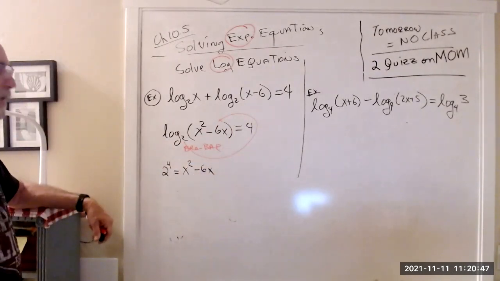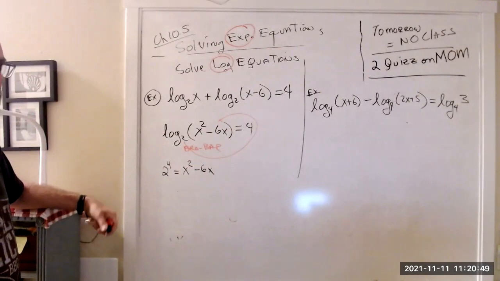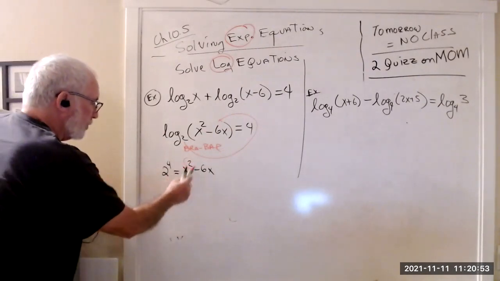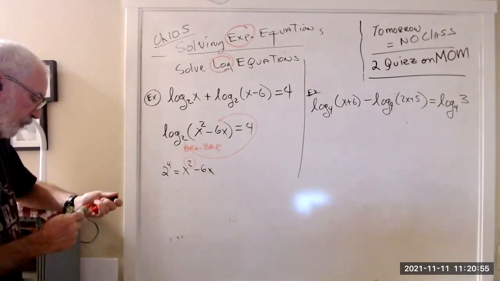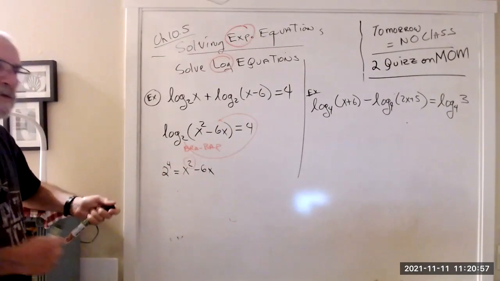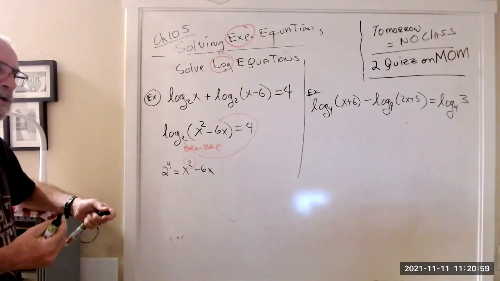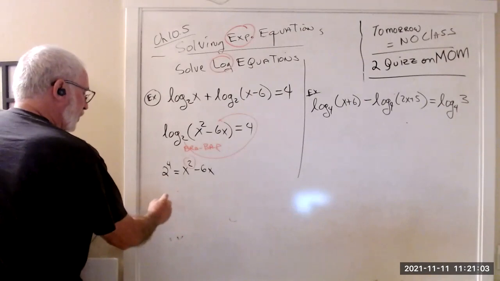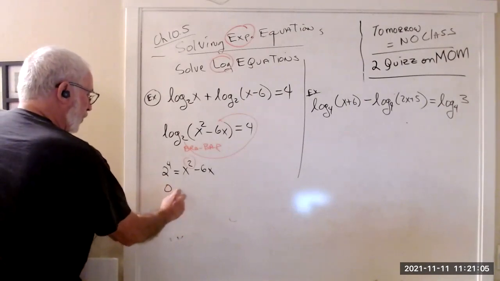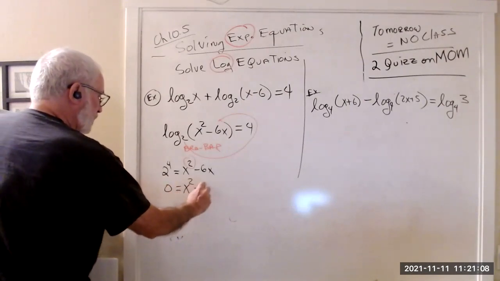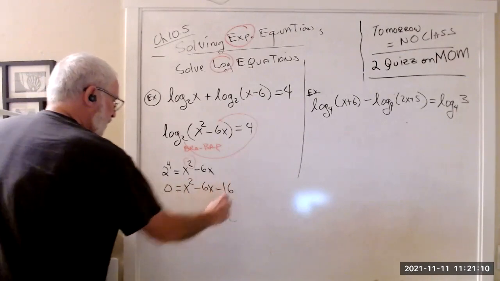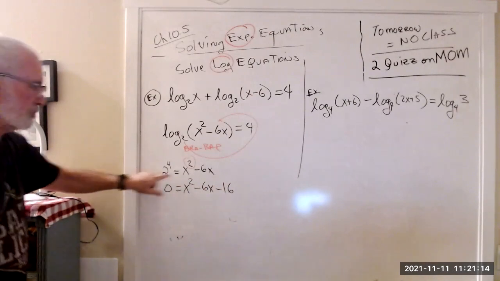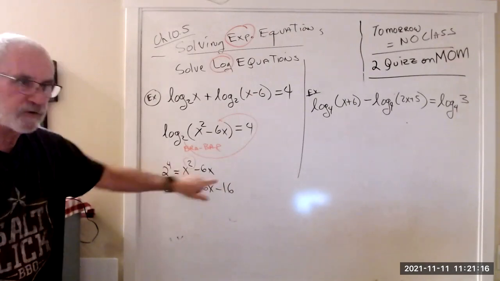Okay, and now you start cursing all the math gods because this is a power equation, and that means you need to make it equal 0 and either use the quad formula or factoring. So to make it 0, this is 0 equals x squared minus 6x minus 16. 2 to the 4th is 16, so I subtracted 16 from both sides.